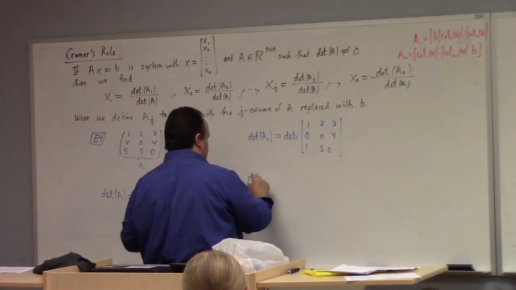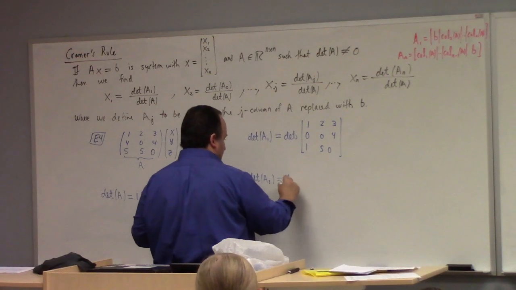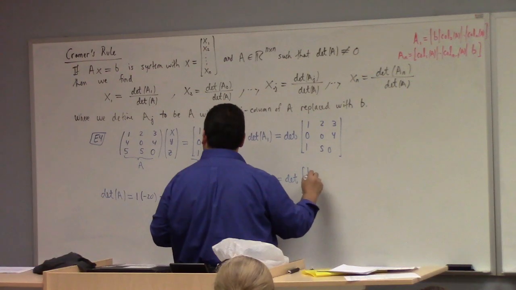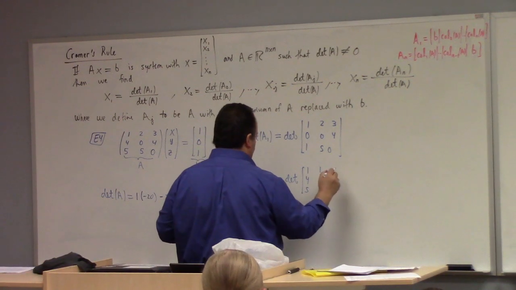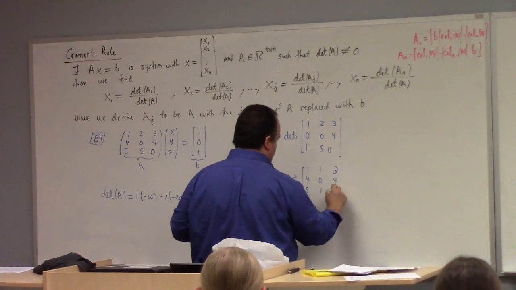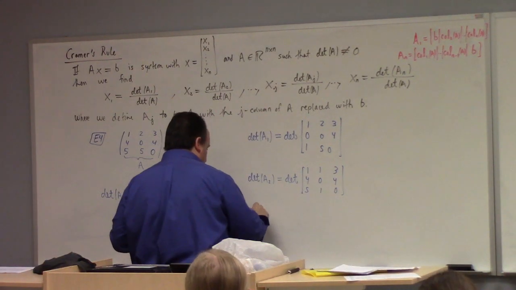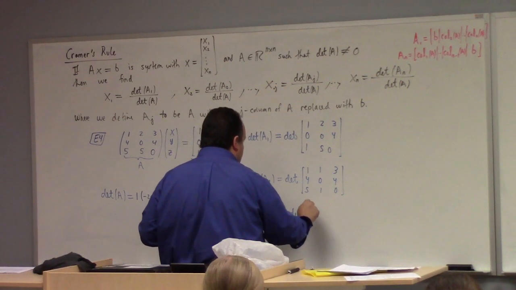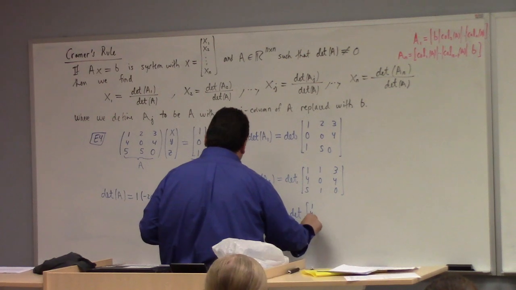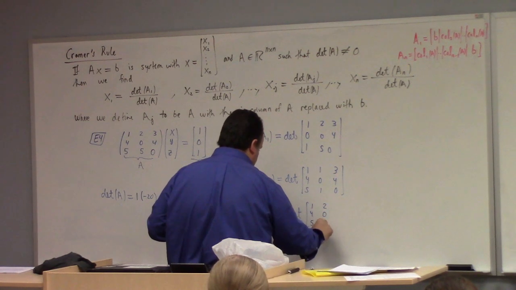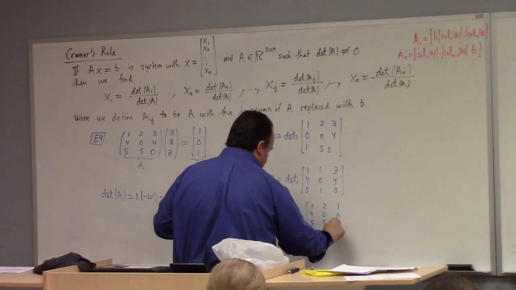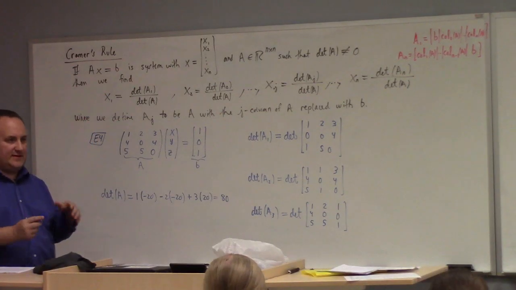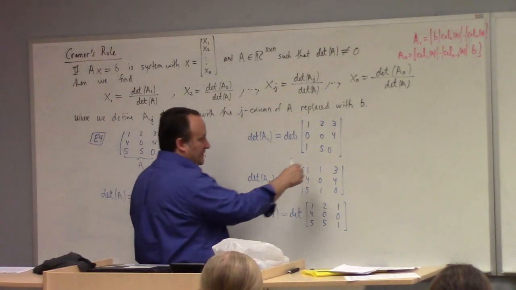And we also need to calculate the determinant of A2, and I also need to calculate the determinant of A3. So to put Cramer's rule together for a 3x3 system, I need to calculate 4 separate 3x3 determinants, all right?